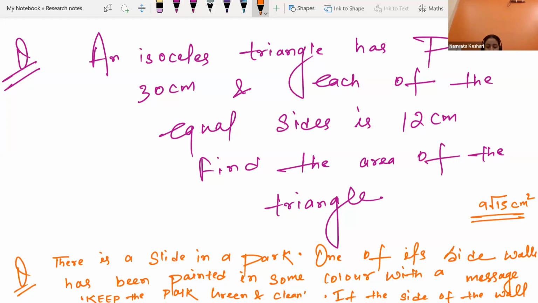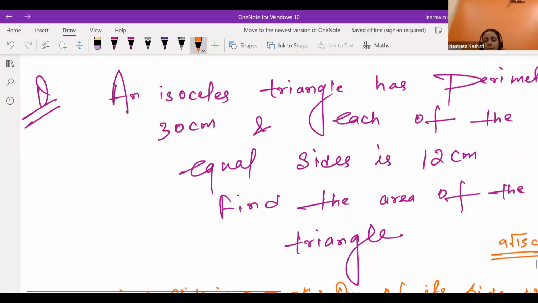Ma'am, I'm getting 9 root minus 15 centimeters. Minus? Inside the root you are getting negative?